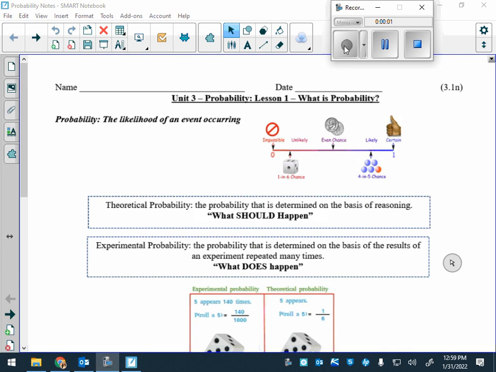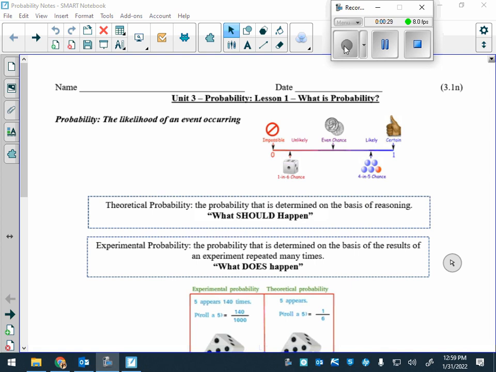So, when we talk about probability, we look at this little diagram here, which you have in front of you, which is the chances of something occurring. On the far left, it's impossible, it will never happen, doesn't matter how many chances you do, it's always going to be 0 out of whatever, 6, let's just say.